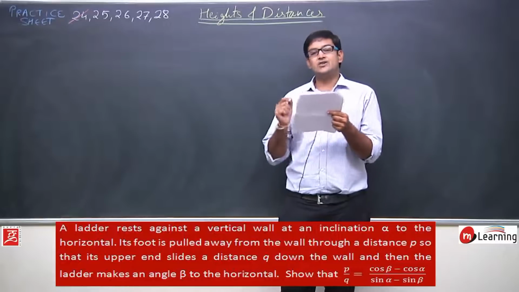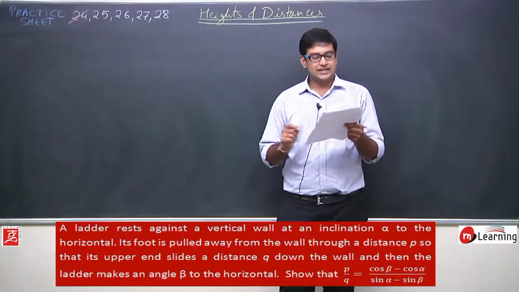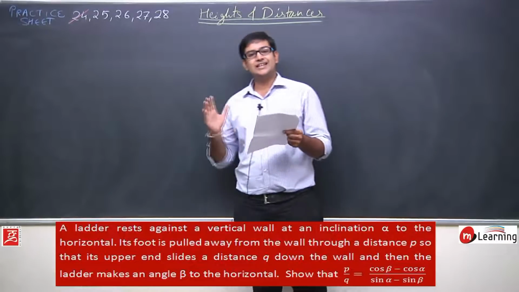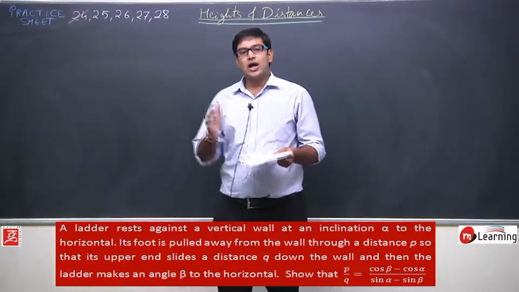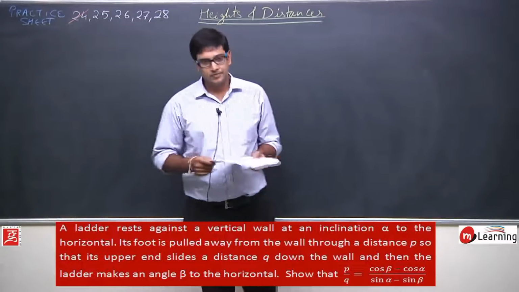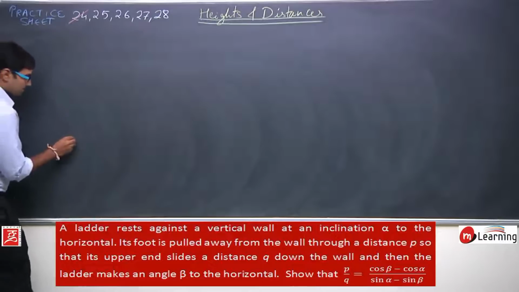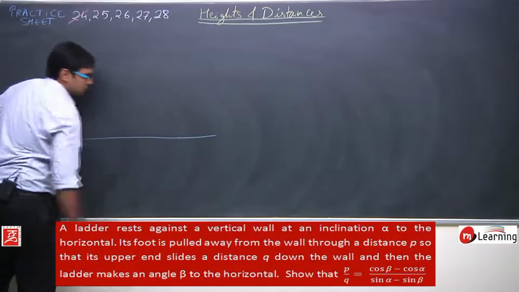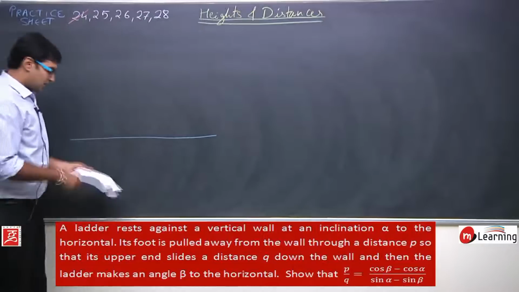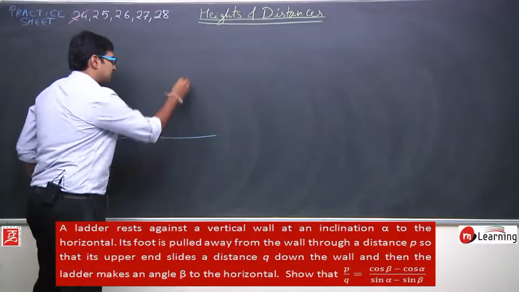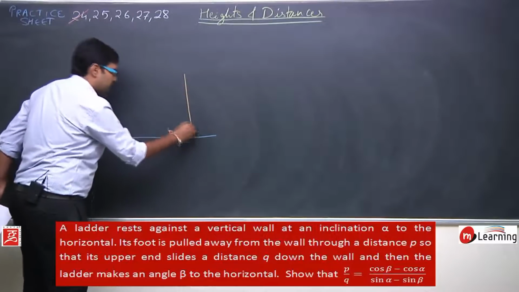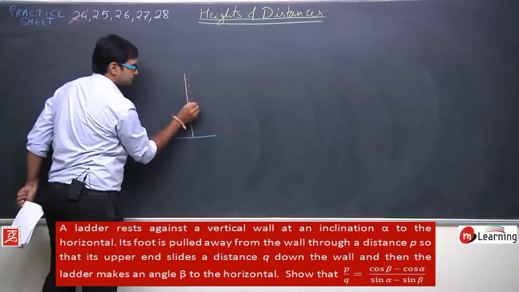Okay, so let us try to understand the question. It says that there is a ladder which rests against a wall. So how does a ladder rest against a wall? First, there should be a horizontal plane, and on this horizontal plane there is a vertical wall like this.